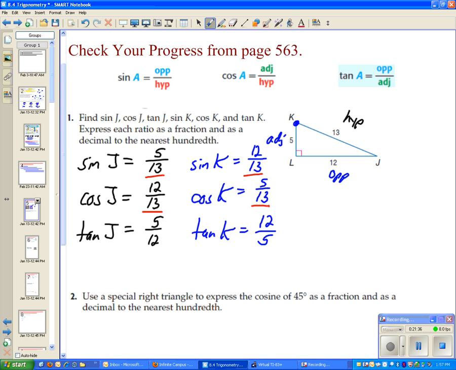Okay? 5/12 and 12/5 are reciprocals. Not opposite reciprocals, like with perpendicular lines or slopes, just reciprocals. Yep, sure could. Oh, we'll get there.